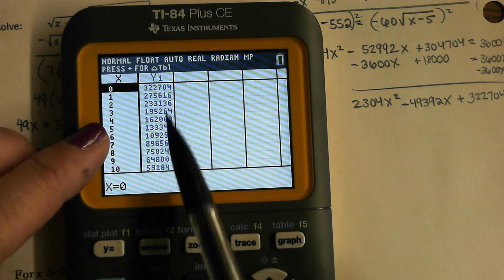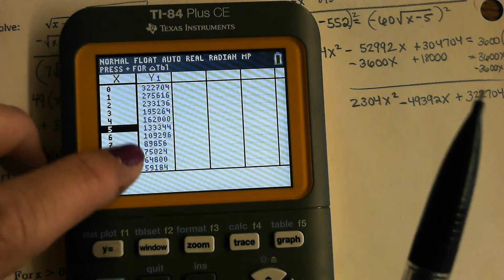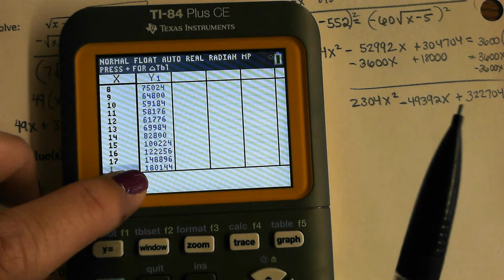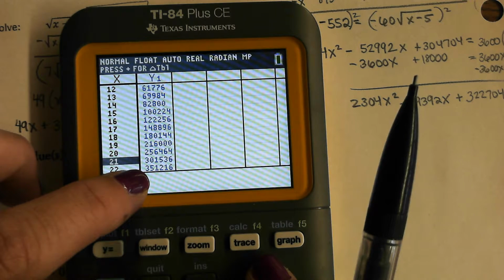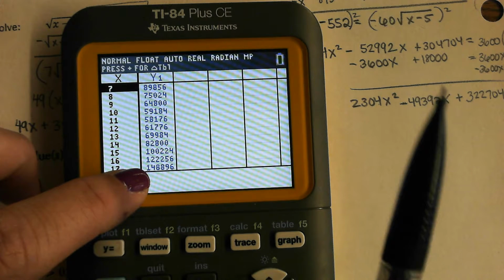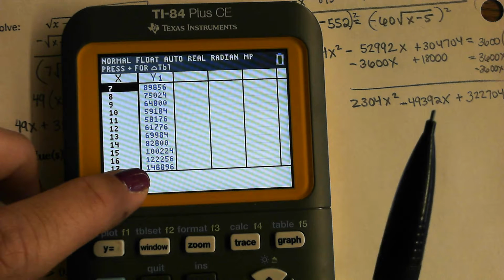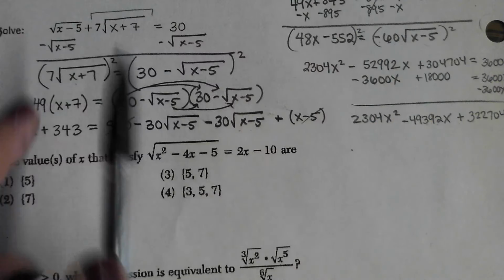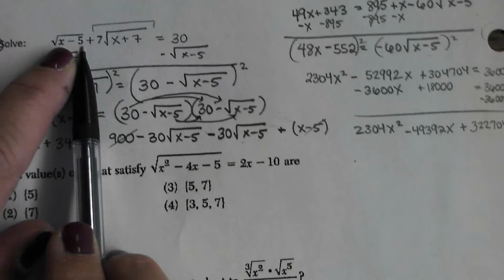So you can look here and see how those y values are decreasing. They decreased for a little bit and then they went back up. 9 minus 5 is 4.